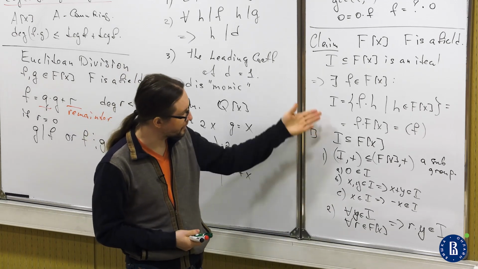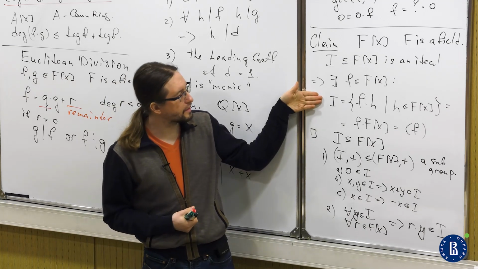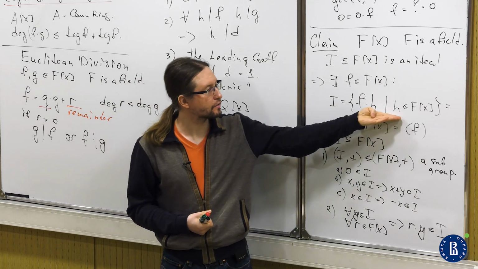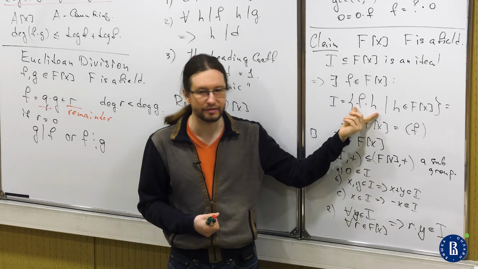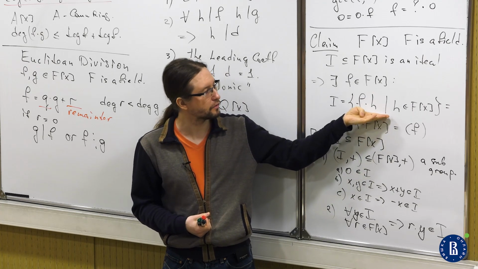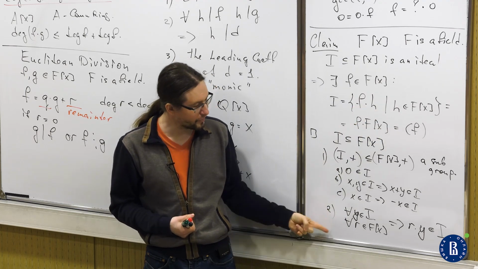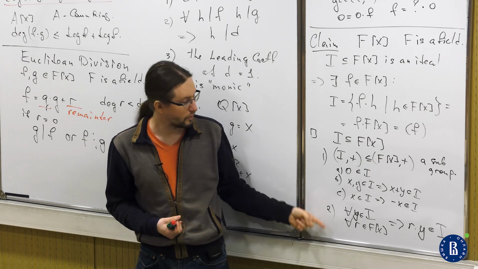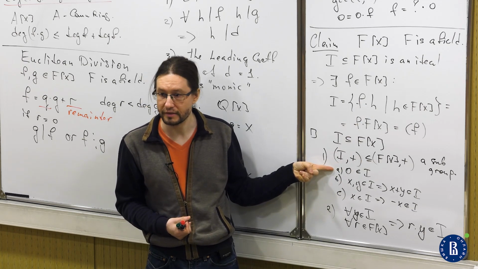Okay, so this is what we need to check in order for something to be an ideal. Now let's say we take a subset of this form. We fix a polynomial f, and we take all the polynomials divisible by f, the polynomials represented in this form. It's clear that all these properties are satisfied. If we take h to be 0, then we will have 0 in this set.